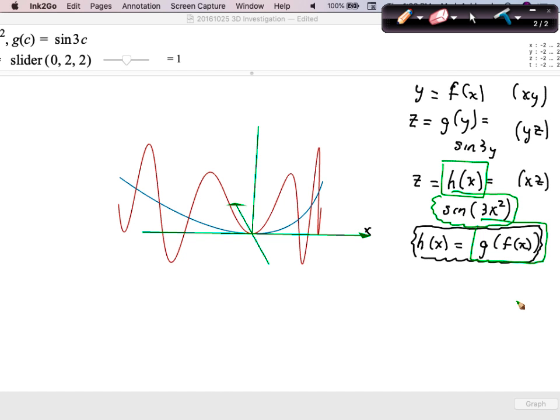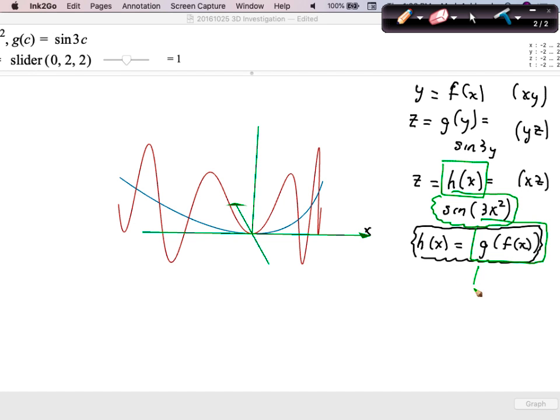G of f of x? That's the composition? Okay. Any takers for h of x? Yes, so answer accordingly. Both, both.